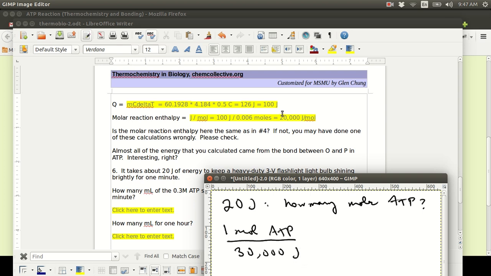Because my average between 20,000 and 30,000, I figured out was 25,000, and I rounded it to 30,000. So this is joules of energy per mole of ATP, because I divided the joules that I got in the experiments by the moles of ATP that I used. So take this number, get rid of the joules by multiplying 20 joules, and then I get my answer.